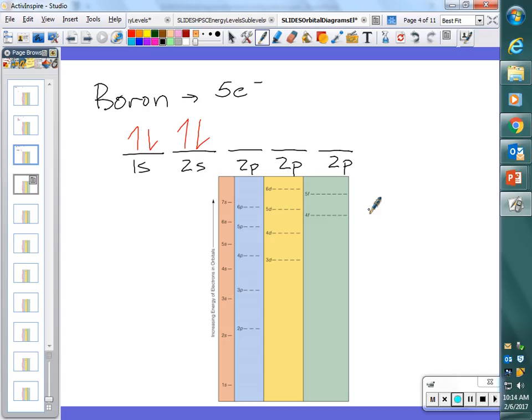Doesn't matter, because orbitals fill from lowest to highest, and all 3 of these are exactly the same energy. Does it matter where they go? Doesn't. Generally speaking, we're going to fill up this one first, but that's just by convention.